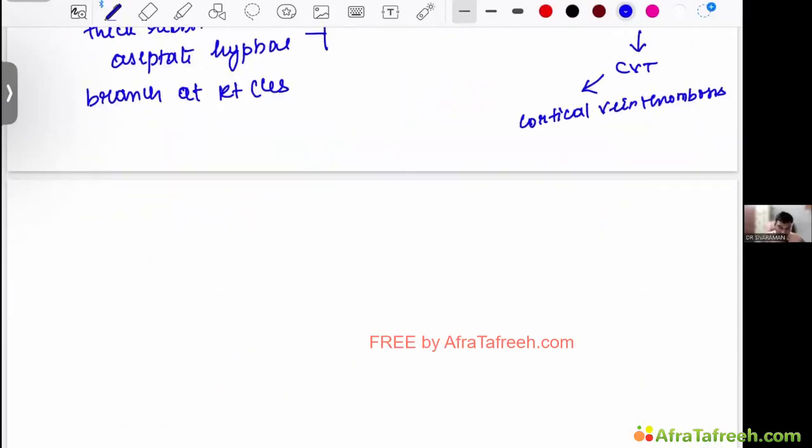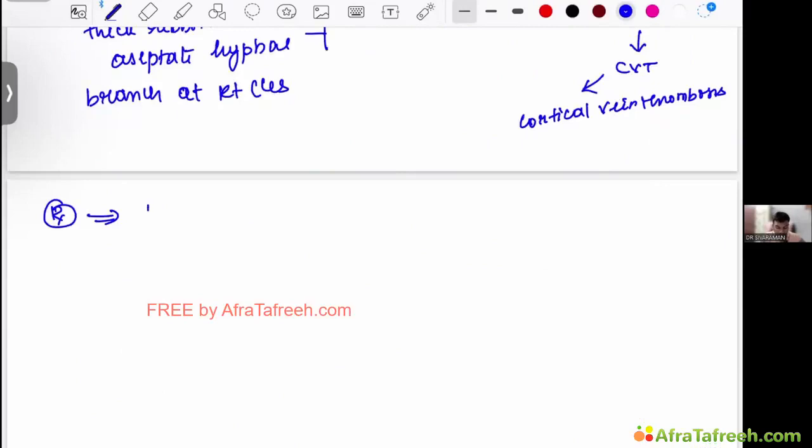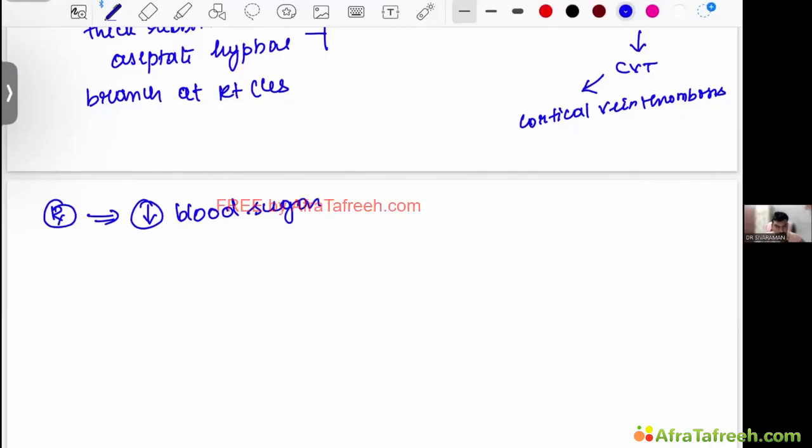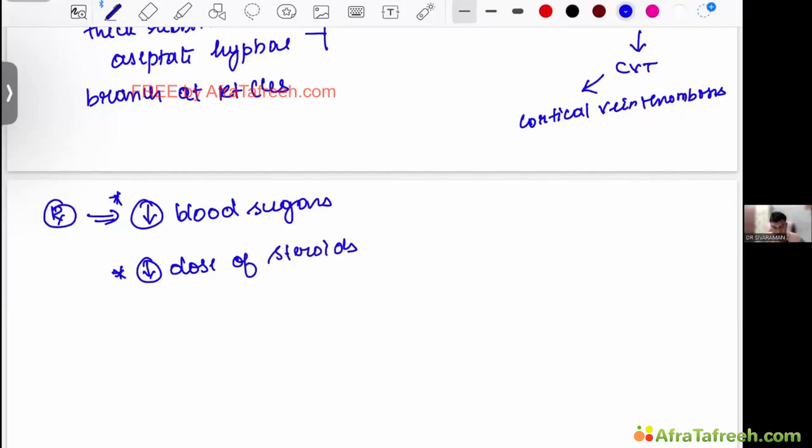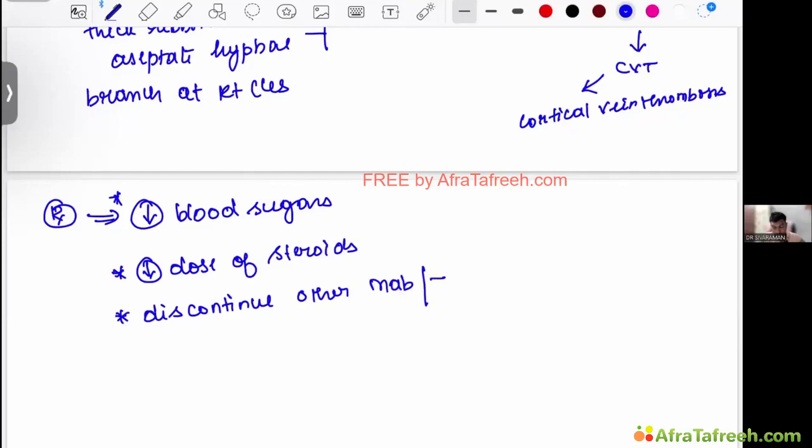The next step is treatment. The first and important thing is to decrease the blood sugars. Then reduce the dose of steroids and discontinue other MAB drugs or JAK kinase inhibitors, which I will tell you about later.